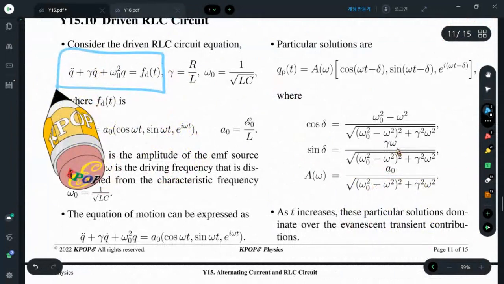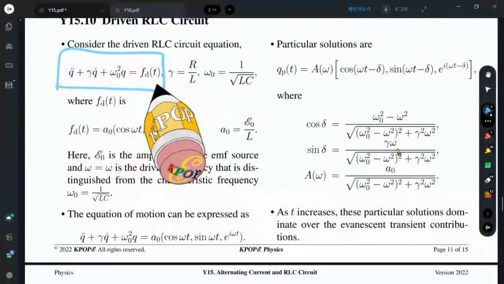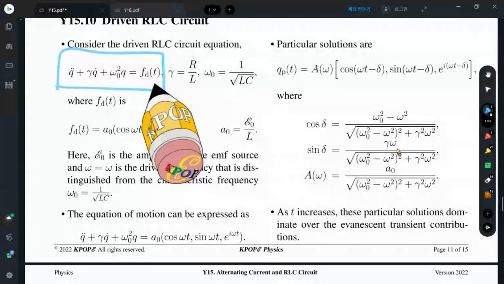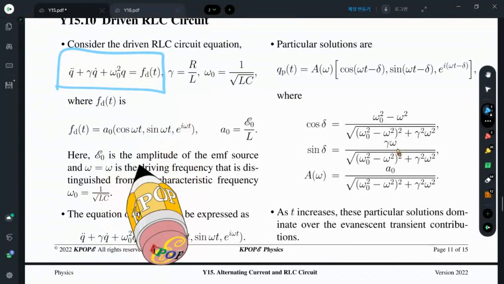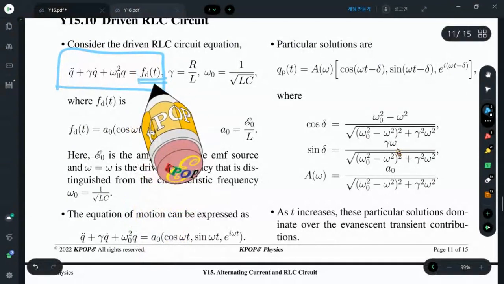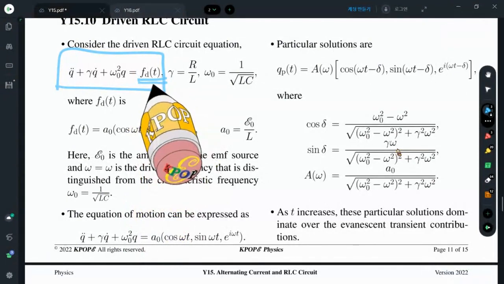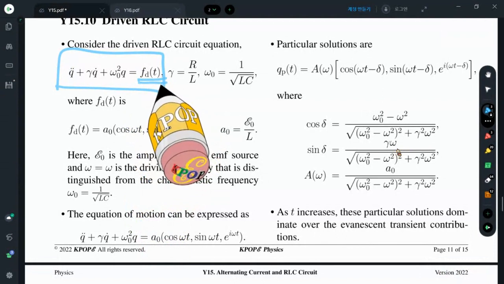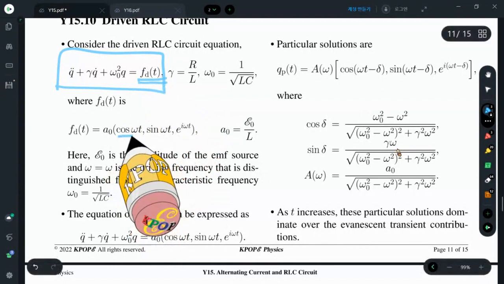Your circuit equation for a general RLC circuit is of this form. You learned this one already in the last semester, and a few weeks ago we reviewed the driven damped harmonic oscillator already, so I don't want to repeat, so you can review. Anyway, the driving force can be expressed as a sinusoidal function.